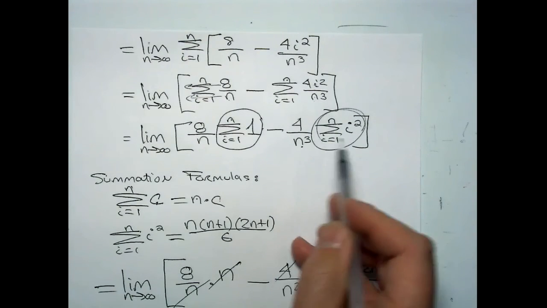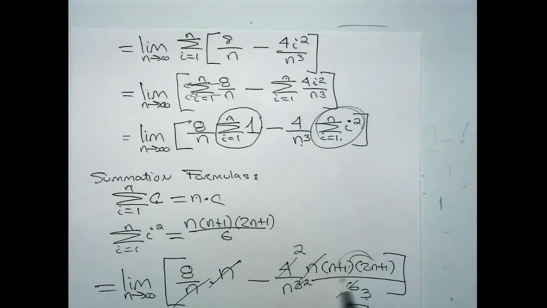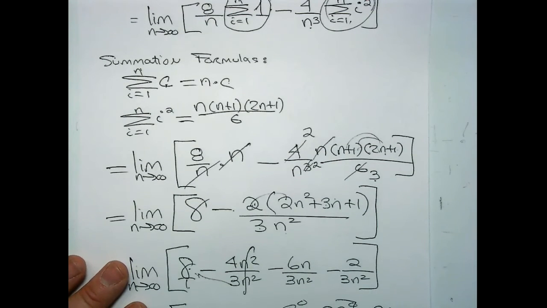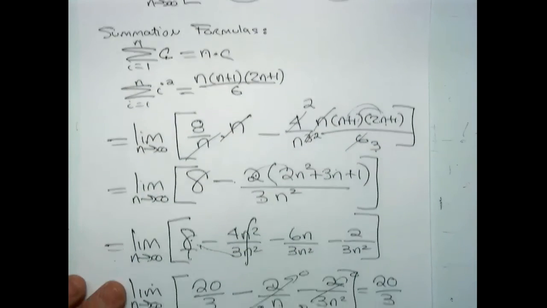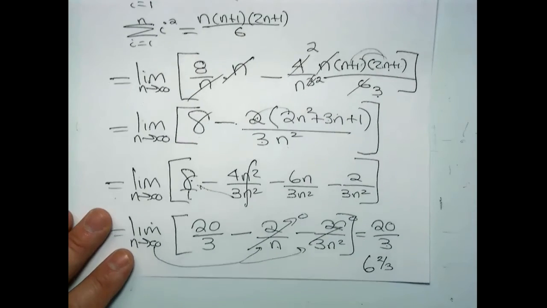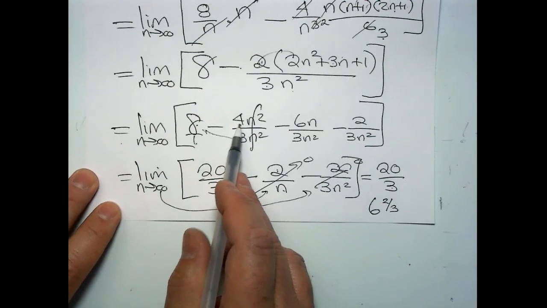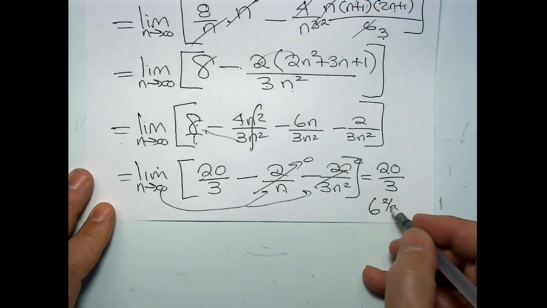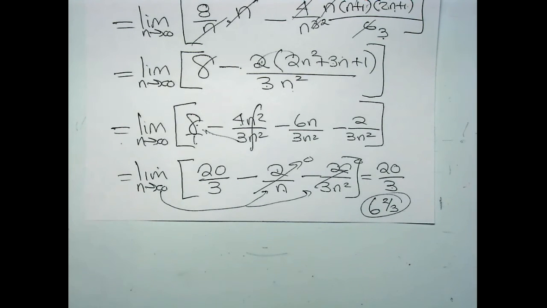4 over n cubed comes out. Sum of i squared is n plus 1, 2n plus 1 over. I got that. Because I'm believing that this should be an 8 and not a 4, and I'm just trying to find out why. And the reason I'm suspicious of this is because that is not what I thought it would be.